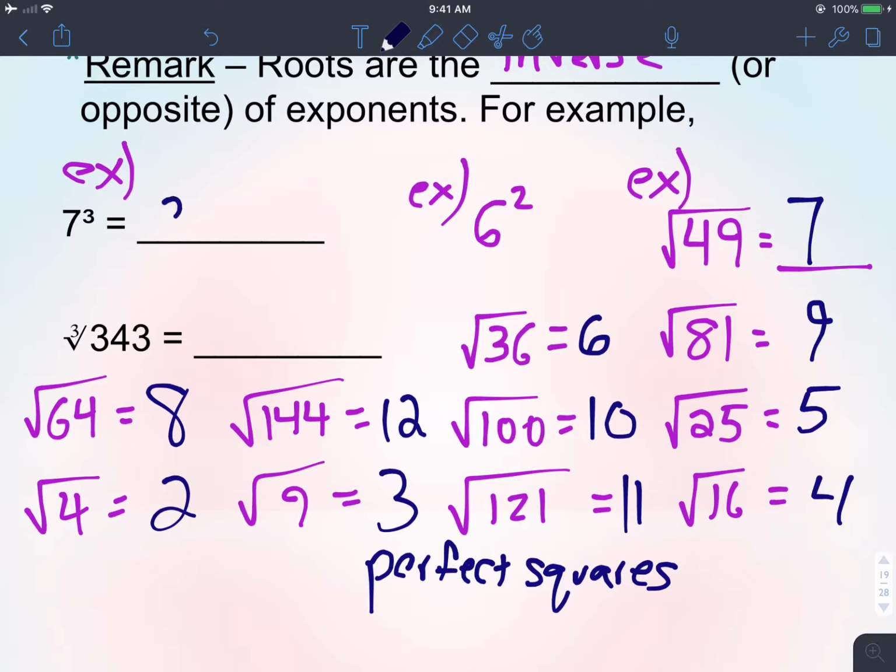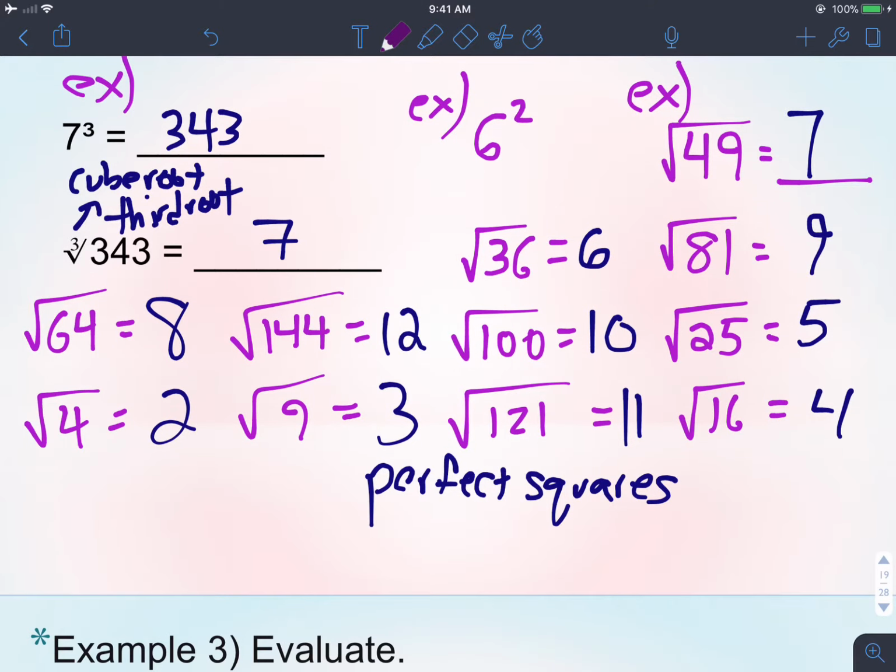You could say things like the cube root or third root of 343 is 7. How about another example? How about if instead of a 3, there's like a 5? Yes. Let's do, I got to think about it for a second. 32 to the 5th root.